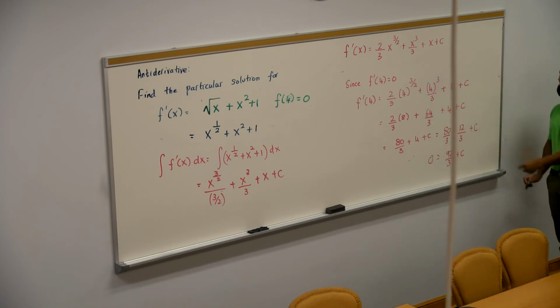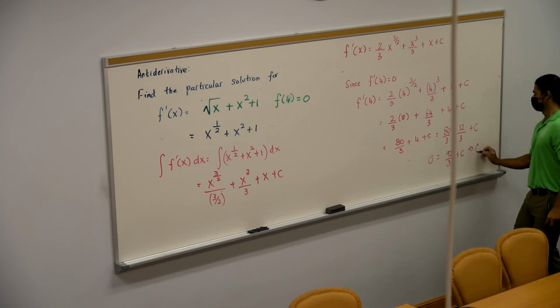So what is c? c would then be negative 92/3.